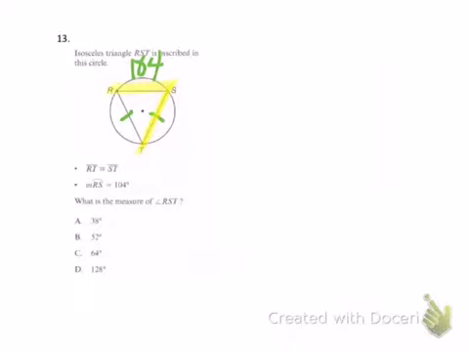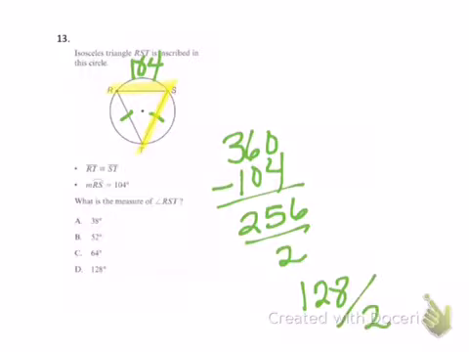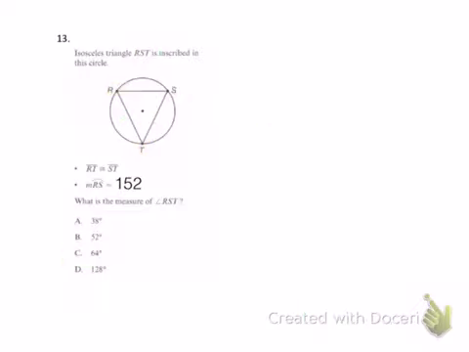So to find the other arc, I'd say 360 minus 104 is going to give me 256. But that's divided into 2 equal arcs, so I need to divide by 2. So that gives me 128. And since angle RST is inscribed, I need to take half of that. So my answer is C, 64. You work this one.